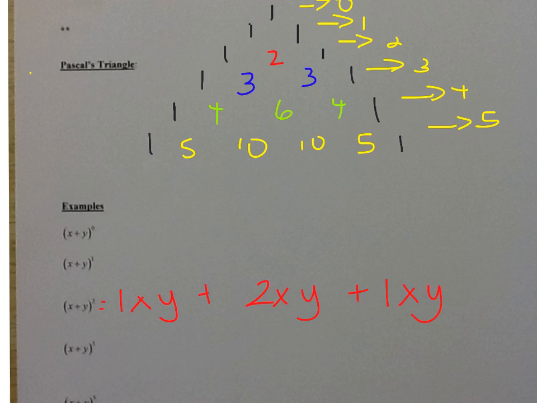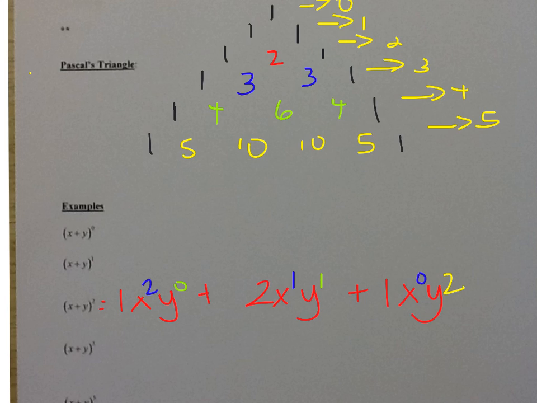Your x is going to start with an exponent of 2, and your y will start with 0. So it will be x to the second power and then y to the 0 power. Now your x's will go down as your y's go up. So it'll be x to the first, y to the first, x to the 0, and y to the second.